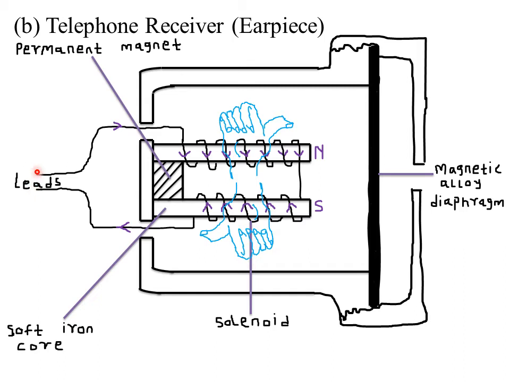Sometimes it can be through waves or even the actual connecting of the cables. So assuming there is a microphone connected at the other end, when a person speaks into the microphone, remember, a microphone usually also has a diaphragm. When you are speaking, you are producing sound waves.